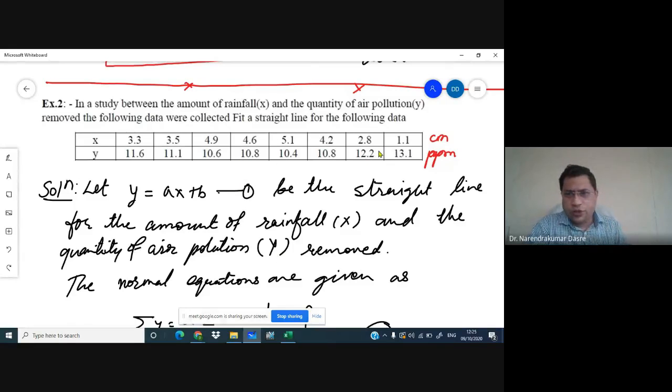Okay, so you can say if there is less rainfall, more quantity of air pollution is removed. But can we say that this is true? Can I say that if there is less rainfall, more air pollution will be removed? Is it a correct statement?